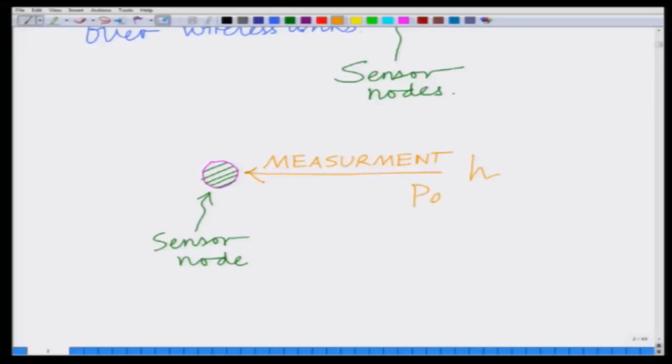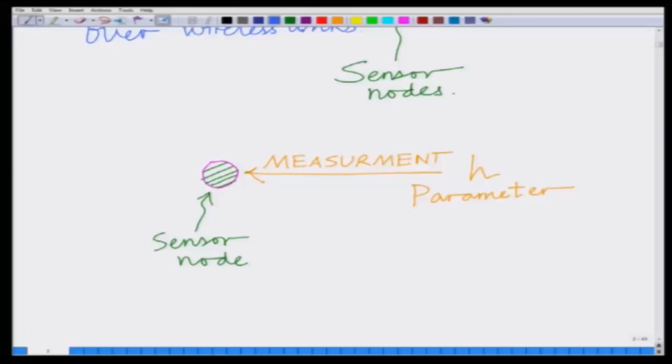We are going to call this h a parameter. This is the parameter of interest, and it can represent any component or phenomenon that is being sensed, such as for instance the ambient temperature, the pressure, the humidity, and so on.